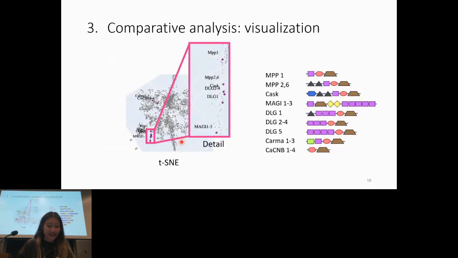The signature domain of this family is this trapezoid, which is the GOG domain, and I think that's what groups these together. Also, many of the members of this family contain SH3 or PDZ domains. So these are domain architectures that also contain SH3s or PDZs.